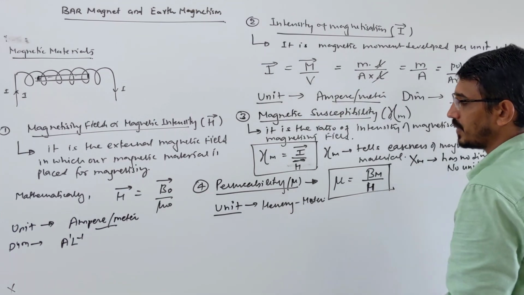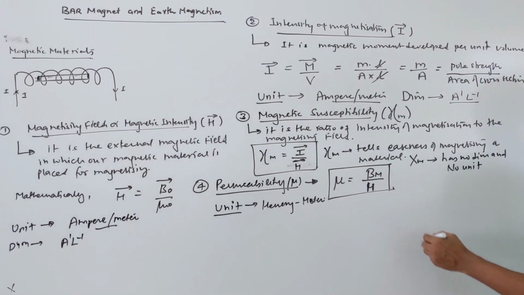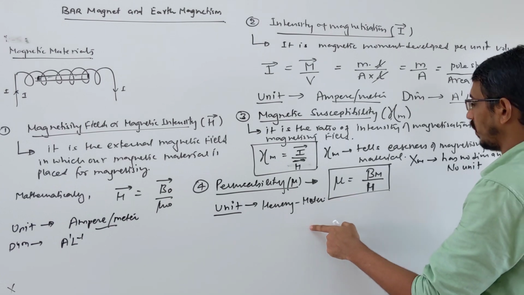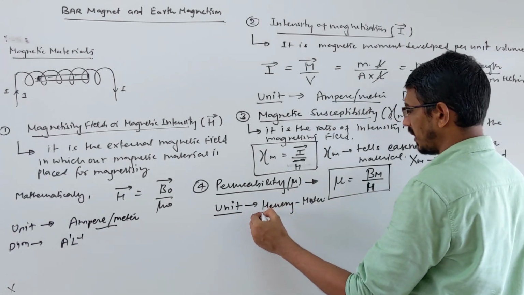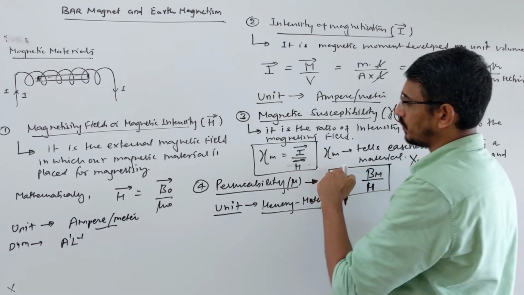Let me cross check this. What is the unit of magnetic field? The answer I'm writing, Henry per meter, in terms of self induction. I think this is correct only. If it's still wrong, I will tell you. So this is okay.